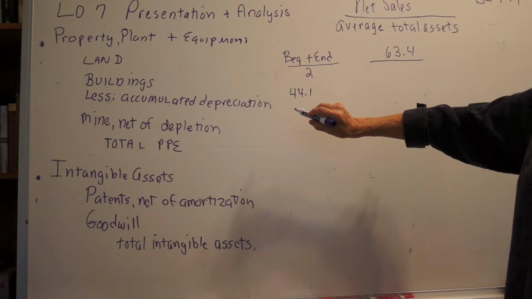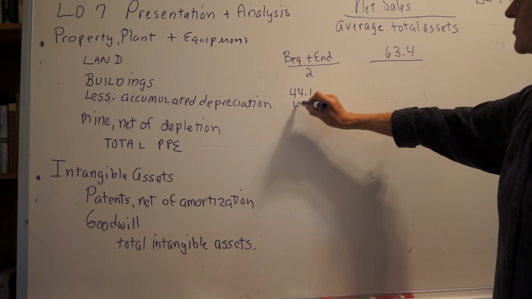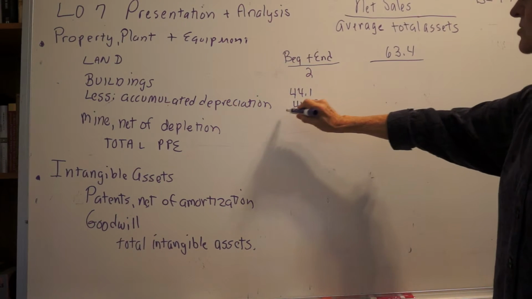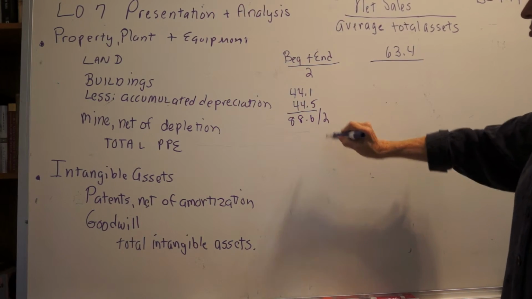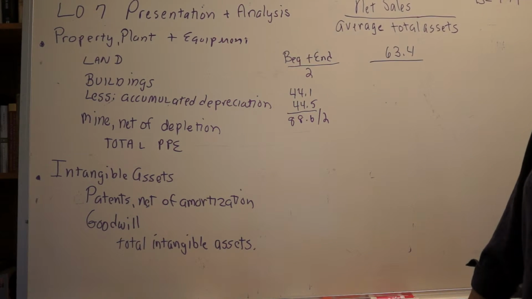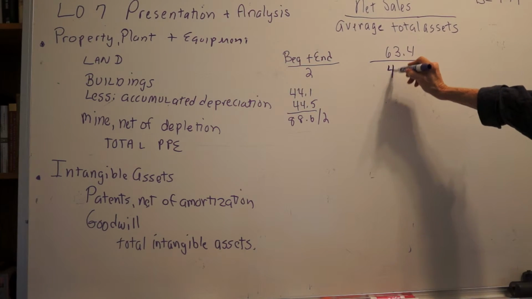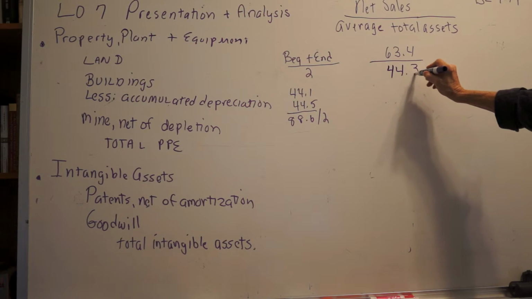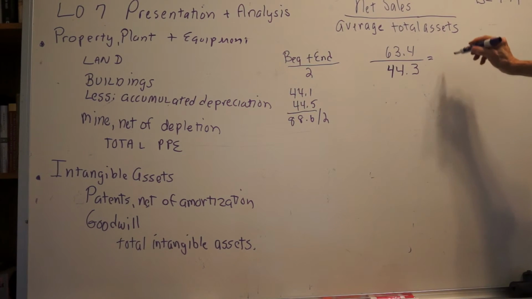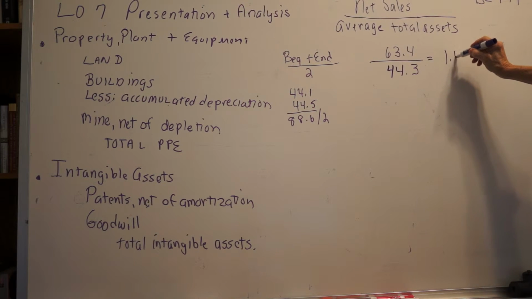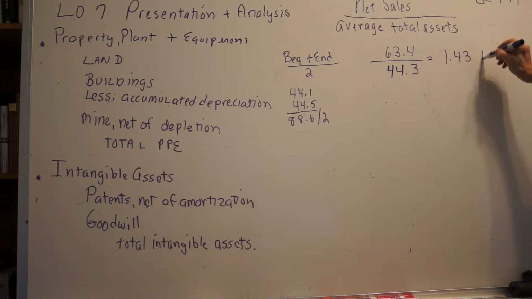They give us ending total assets of 44.5. So if we add those together, we get 88.6, divide by 2. We've got our average total assets of 44.3. And so when we divide that out, we get an asset turnover of 1.43 times.